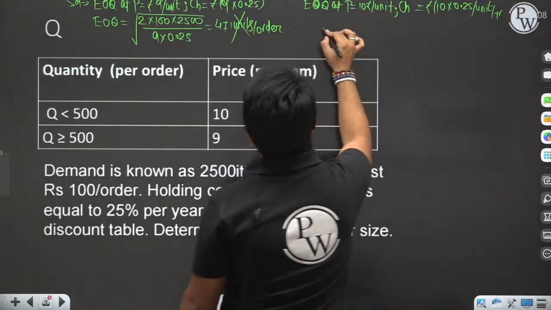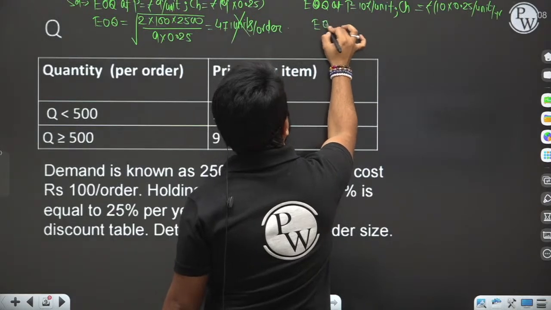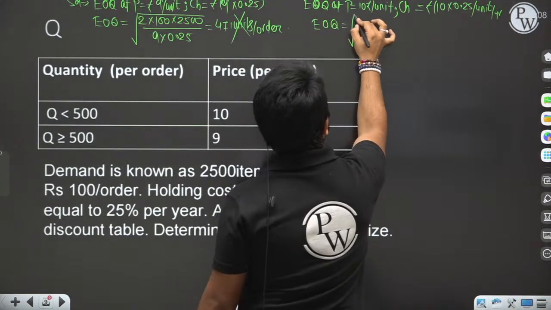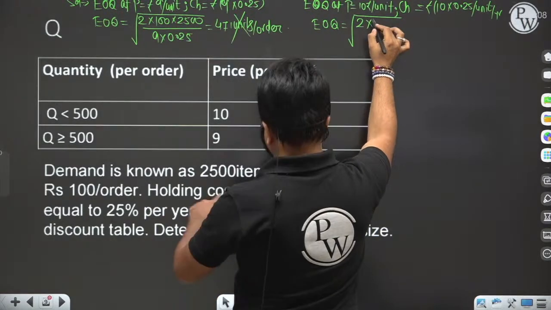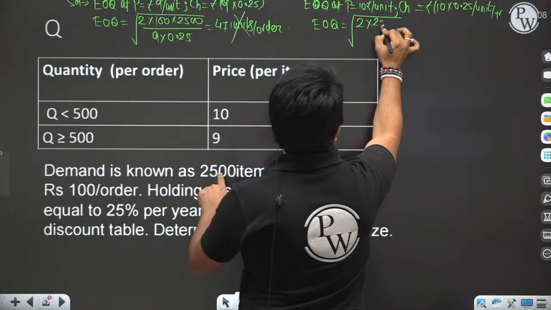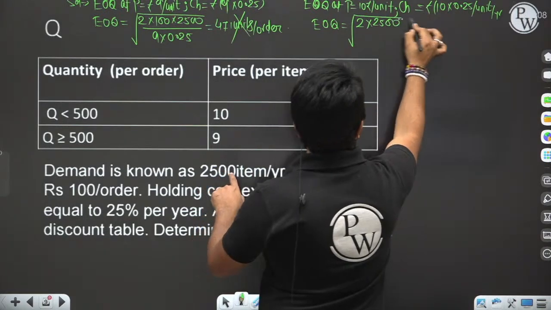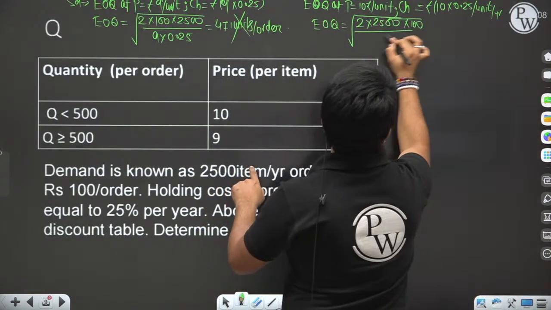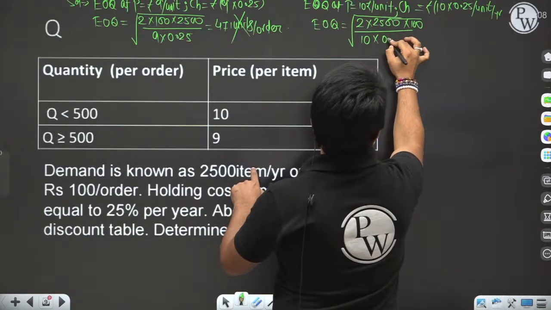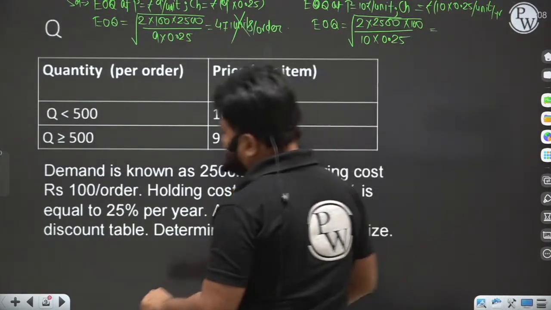So the economic order quantity will be 2 into demand, 2500, into ordering cost, 100, divided by 10 into 0.25.